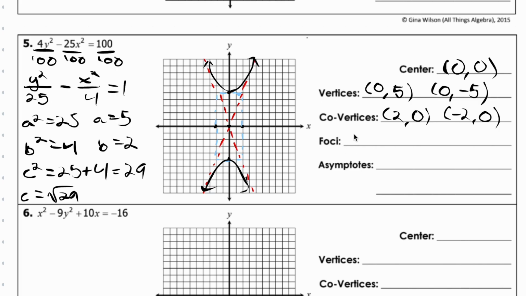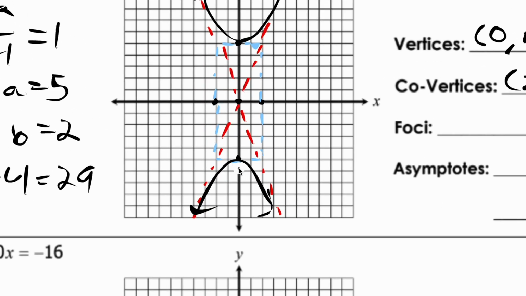And so our foci are going to be plus or minus c units away in the y direction, right? They're going to be inside. And so that's going to be about in between 5 and 6. So if we just try to graph this, it's going to be right here. This is where our foci are going to be.